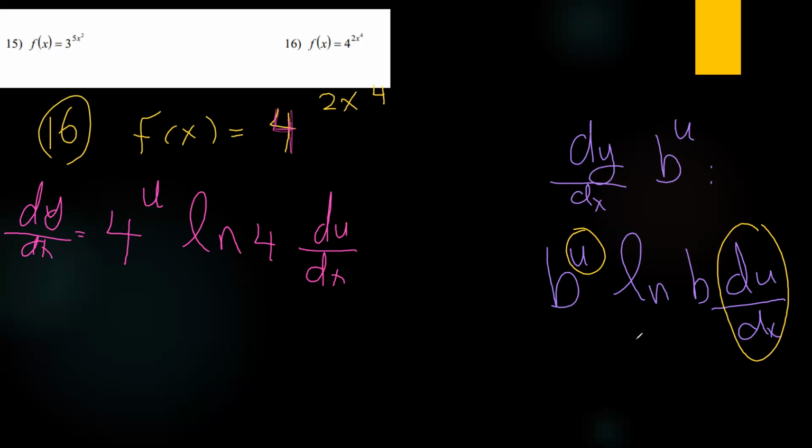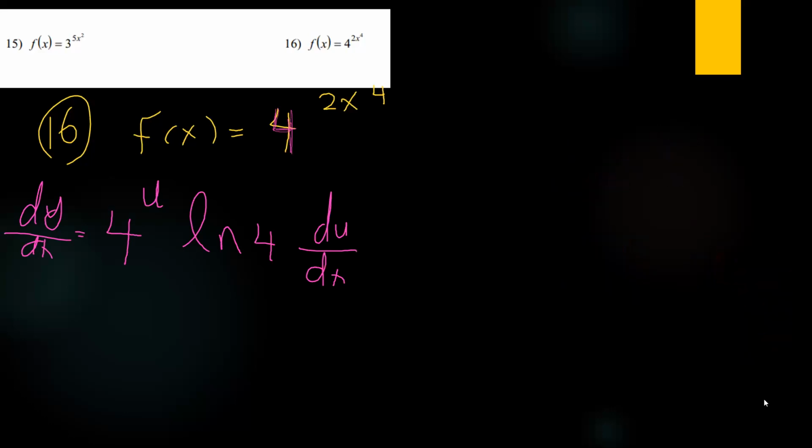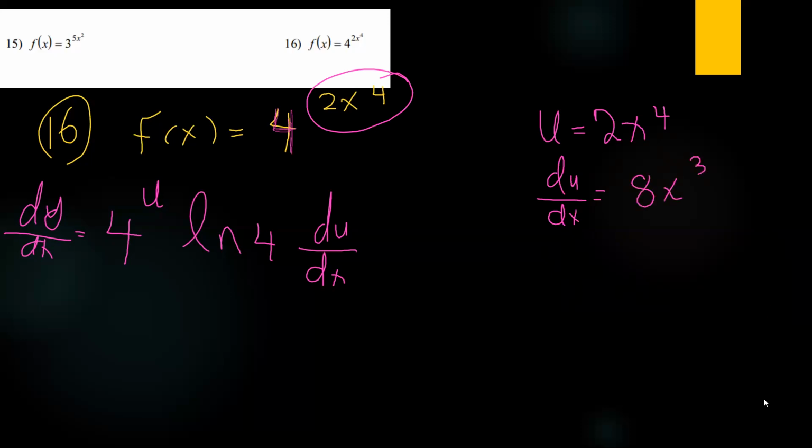So now I need to find u and du over dx. To assume u, just come back to our function here. The power that 4 is raised to is u, so this is u, and I need to find its derivative, which is 2 times 4, 8x cubed.